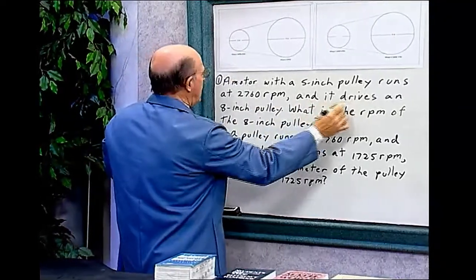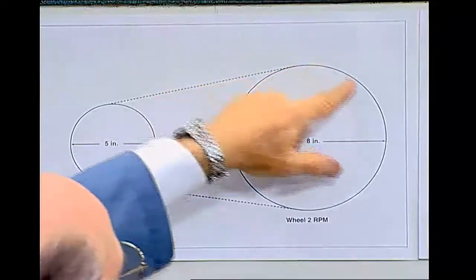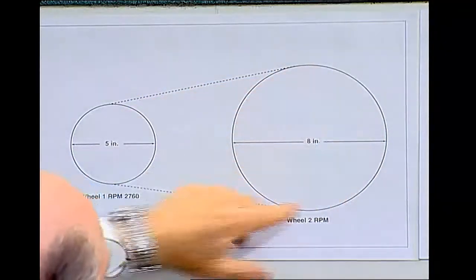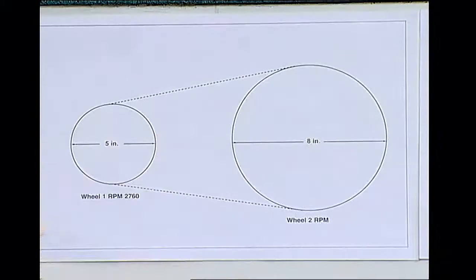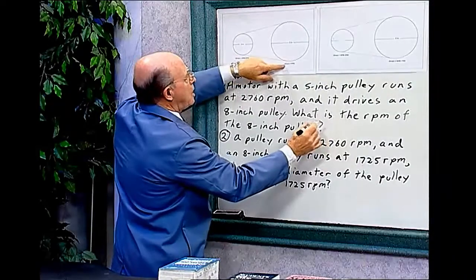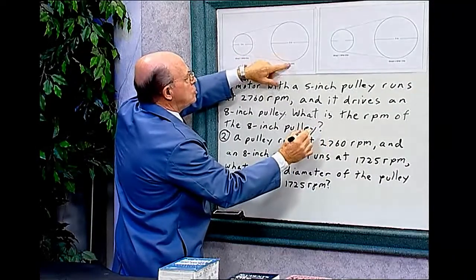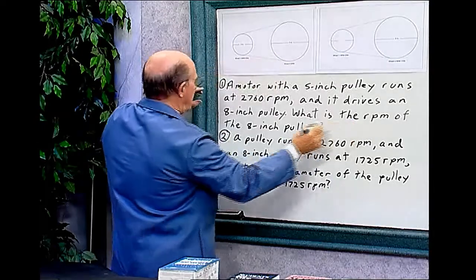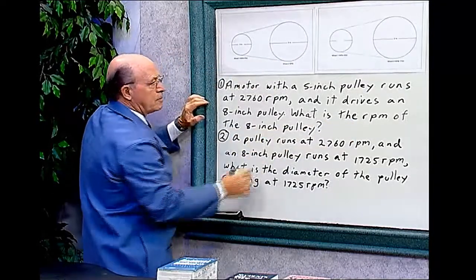And it drives an 8-inch pulley, that's this pulley over here, it's driving this. So the motor's on here, it's driving this pulley, what is the RPM for this wheel 2, what is the revolutions per minute of the 8-inch pulley?